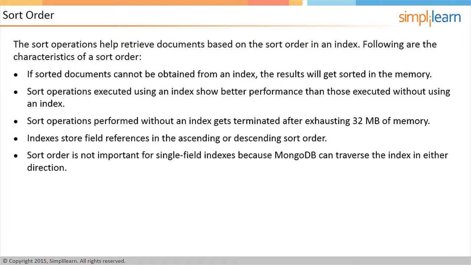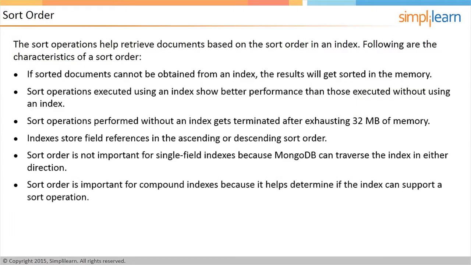For single field indexes, MongoDB can traverse the index in either direction. Hence, the sort order is not important. However, for compound indexes, the sort order is important because it helps determine if the index can support a sort operation. In the next screen, we will discuss how to ensure that indexes fit in the random access memory, or RAM.